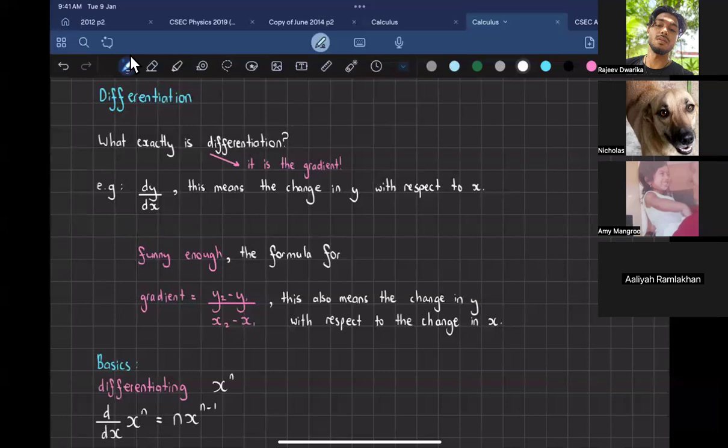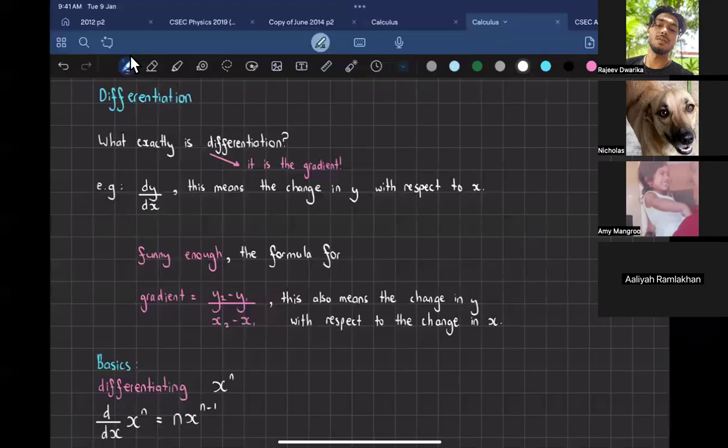So try differentiating x squared. Wouldn't it be 2x to the power 2 minus 1?